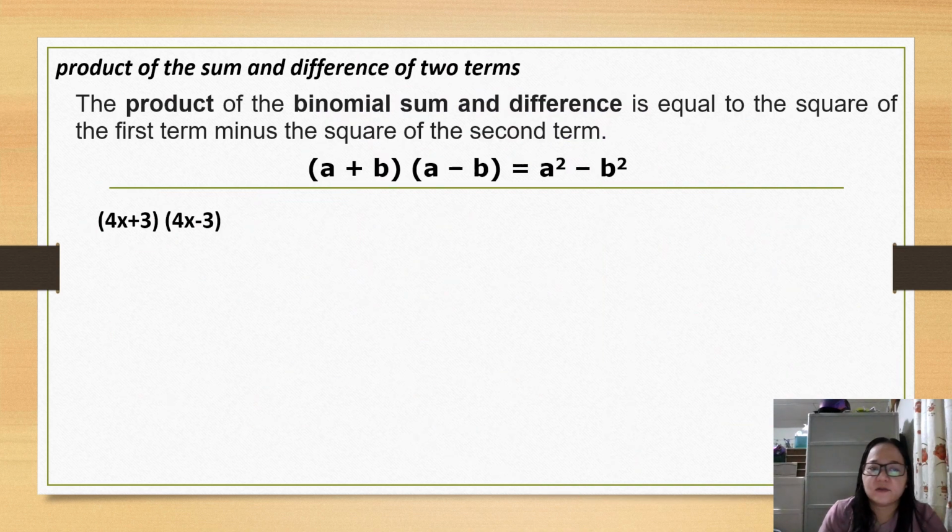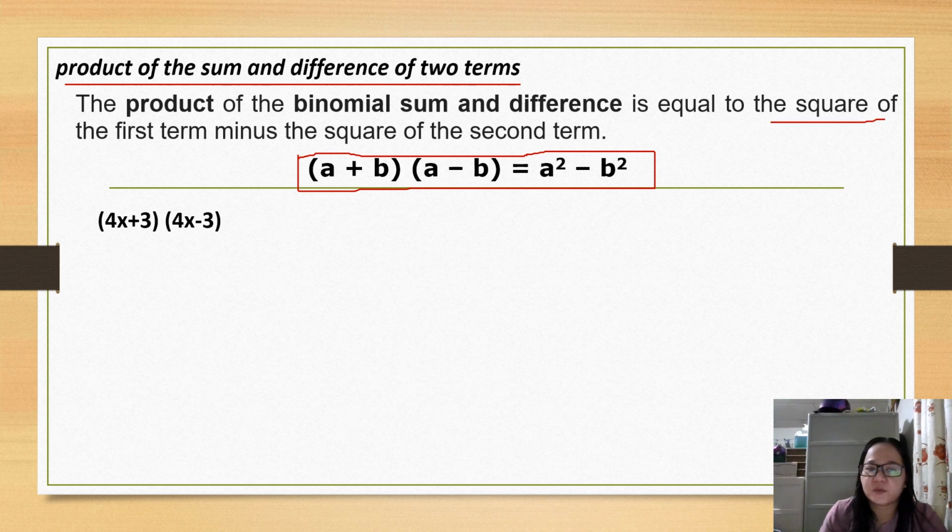Next, how do we find the product of the sum and difference of two terms? So we can make use of this pattern. So let me read. The product of the binomial sum and difference is equal to the square of the first term minus the square of the second term. So say for example, we have quantity a plus b times quantity a minus b.